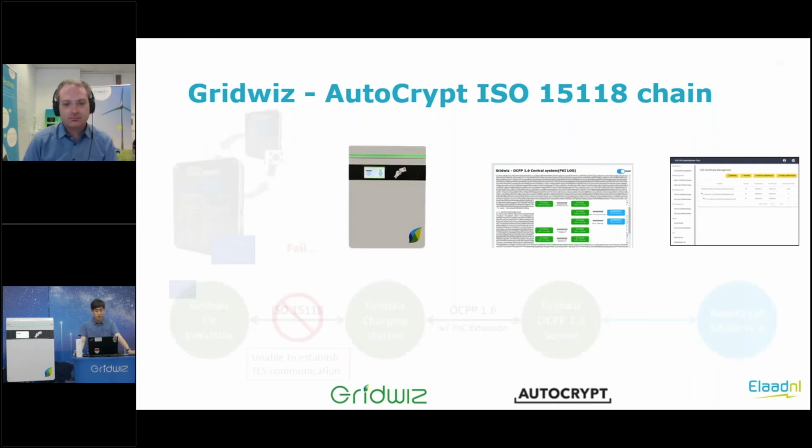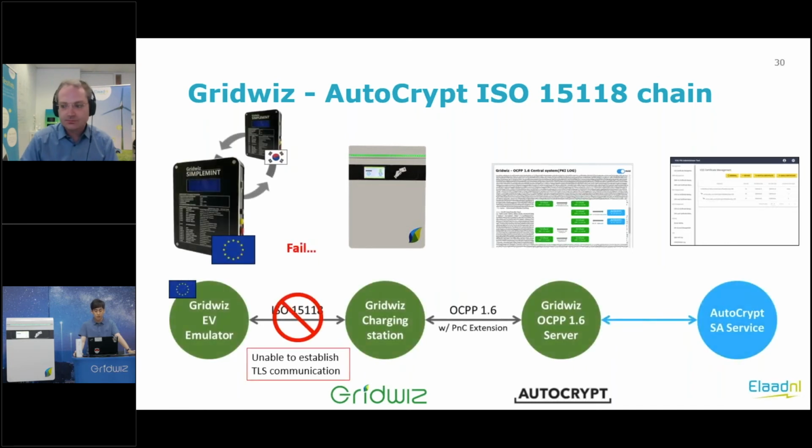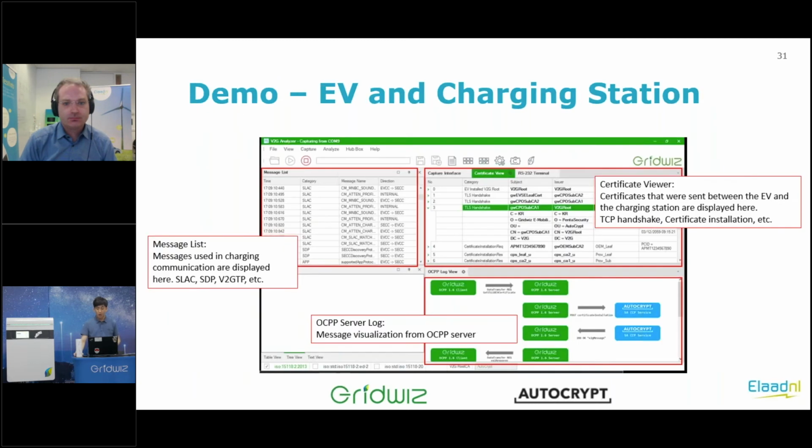And next, we are going to change our EV emulator to a different one that uses the European PKI, which metaphorically means changing from a Korean vehicle to a European vehicle. In this scenario, the charging station and the vehicle will fail to establish a TLS communication since they do not share the same PKI.